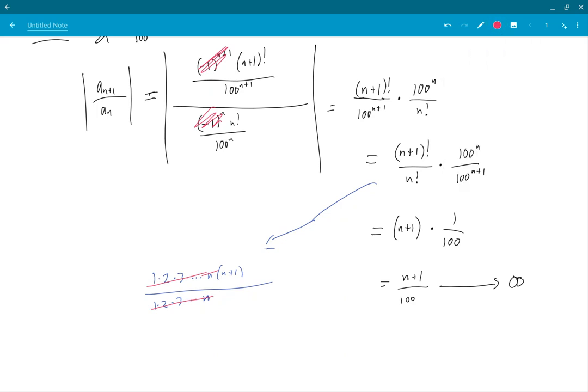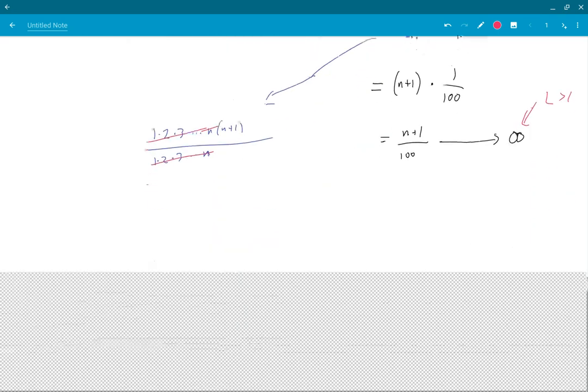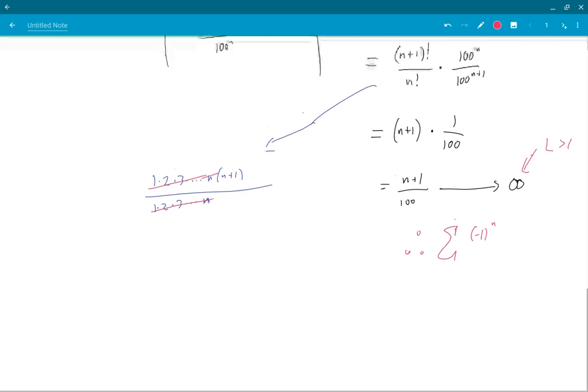So this is my L here. L is infinite. Bigger than 1, certainly. Therefore, the summation... So L is bigger than 1.